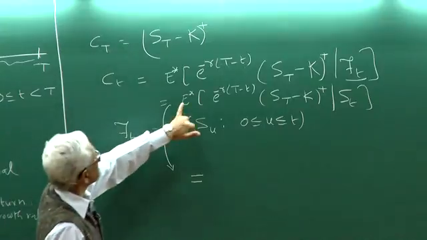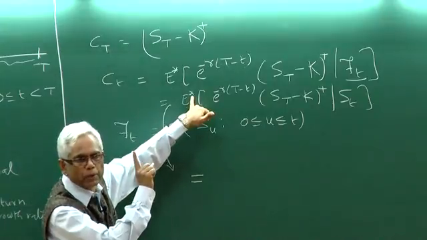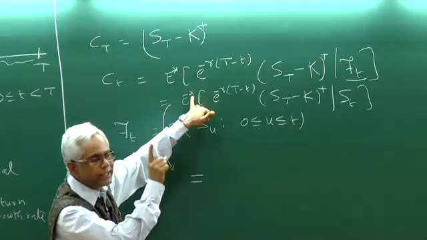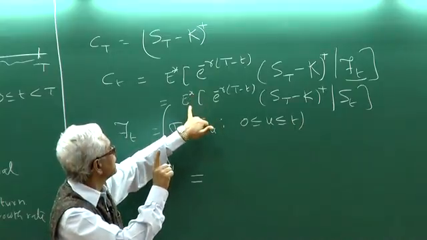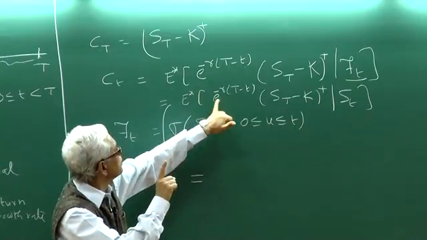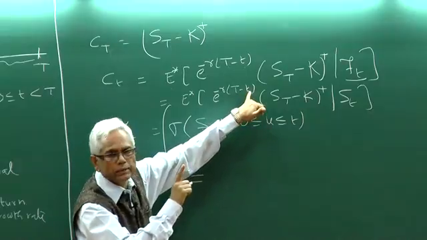This is an expectation with respect to some probability measure which you do not yet know, and we will find it out. This probability measure obviously depends on little t.